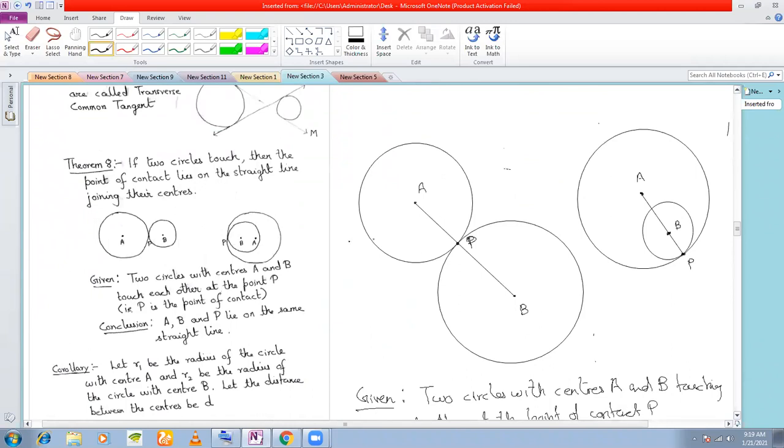If R1 is the radius of this circle and R2 is the radius of this circle, that means this length is R1 and this length is R2. Then I can say that the distance between the centers AB must be equal to the sum of the radii. Very important result.